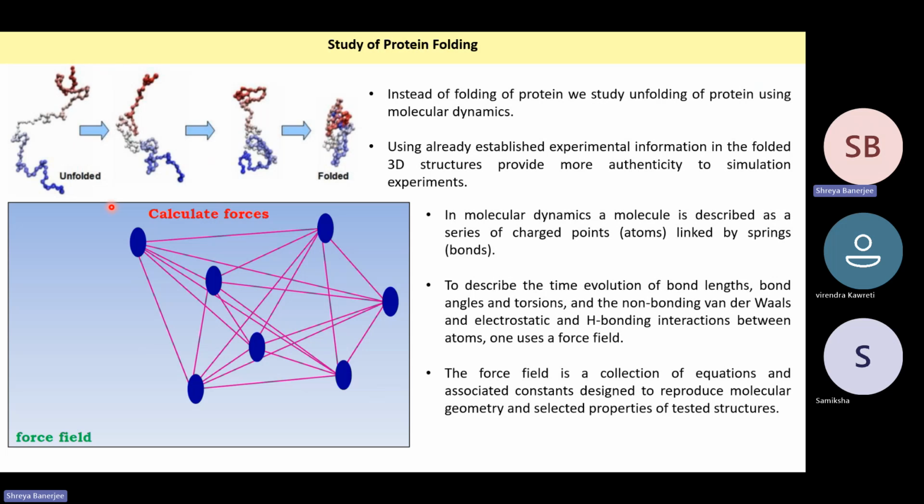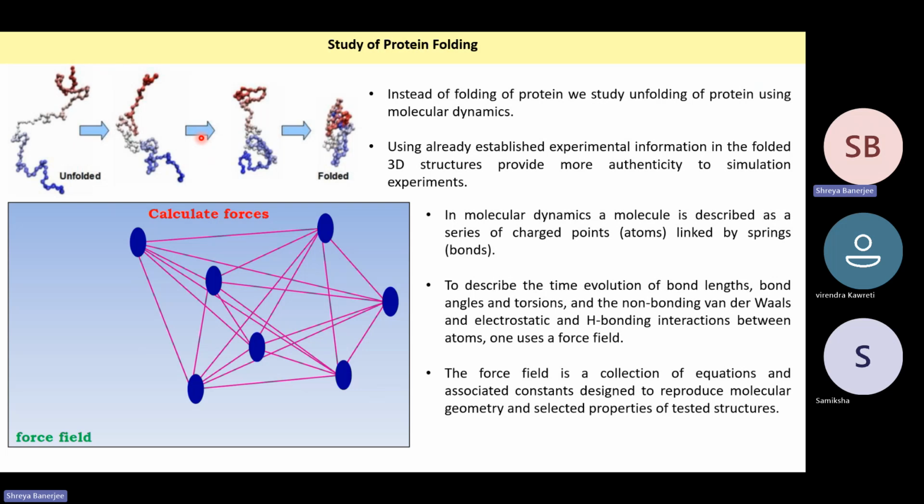Suppose you want to study the structure of the protein in a polar solvent. Then you have to take a force field which will mimic the polar solvent. So the goal is to mimic the experimental conditions, and accordingly different force fields have to be chosen. It depends completely on that.